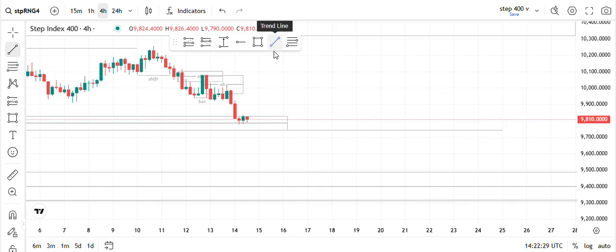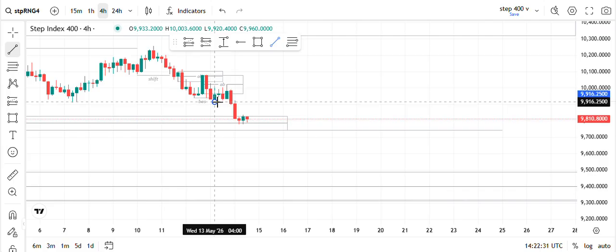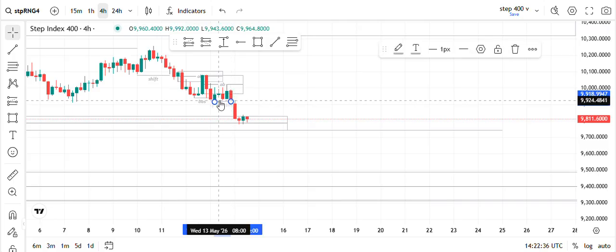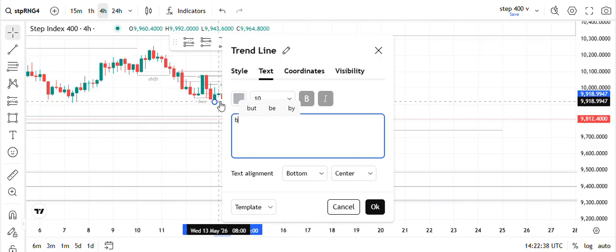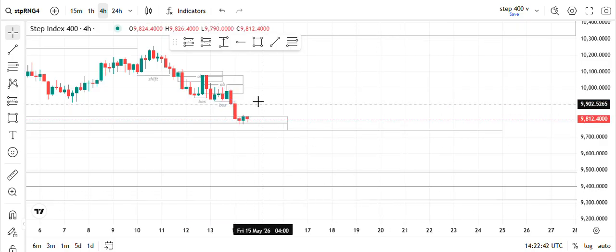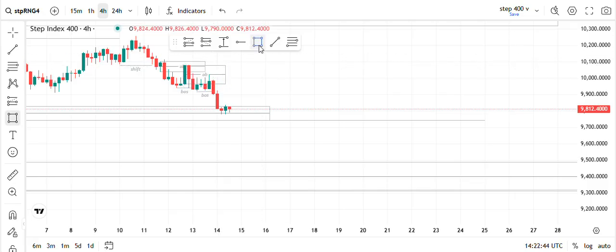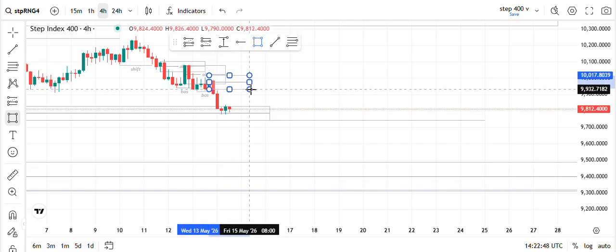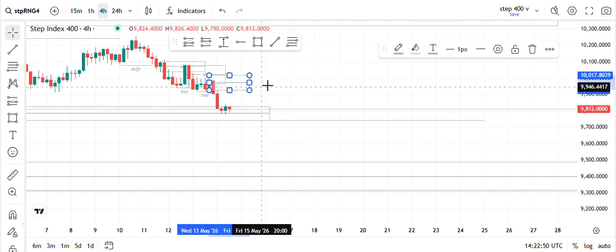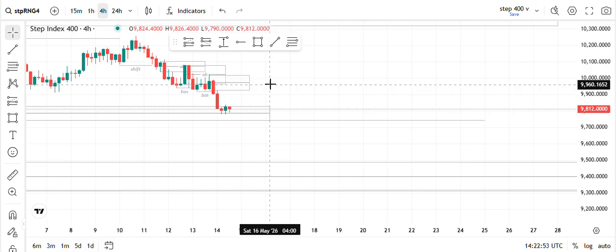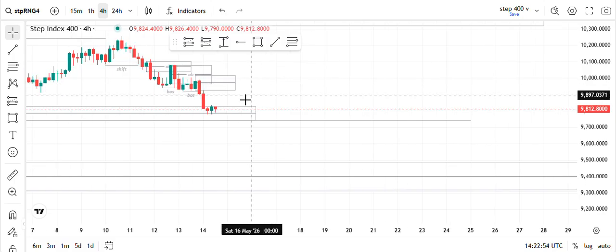Another little BOS was present here, a break of structure. So what we are seeing currently is the probability of what is going to happen.